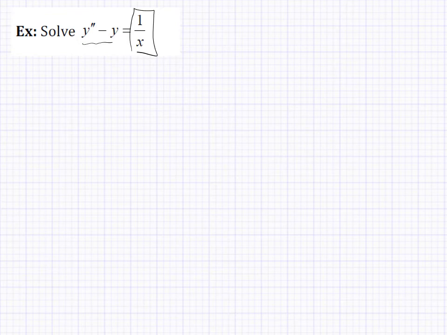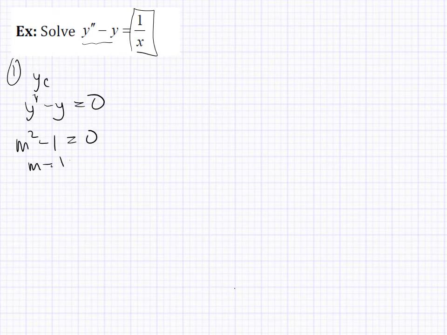And if we do it, we follow the steps again. So the first step is y sub c. So y double prime minus y equals 0. In which case you're going to get m squared minus 1 equals 0. So m equals plus or minus 1. So that's going to say that y sub c equals c1 e to the x plus c2 e to the negative x.